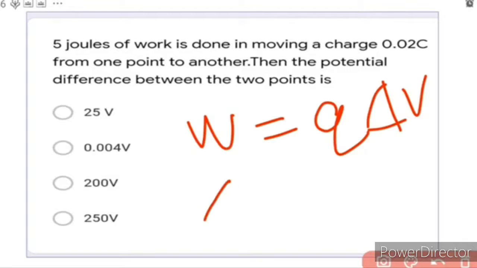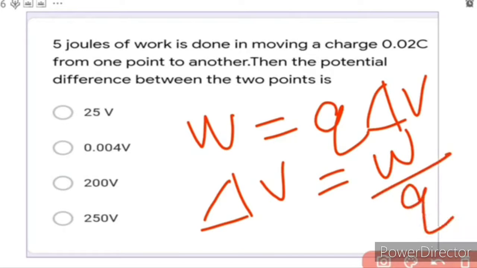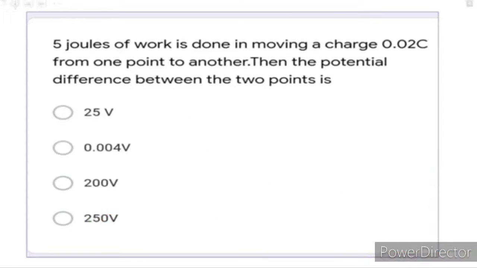You are asked to find delta V. Delta V is equal to W by Q. What is W? 5, and Q is 0.02. So our answer is 5 divided by 0.02. So it will be 250 volt.